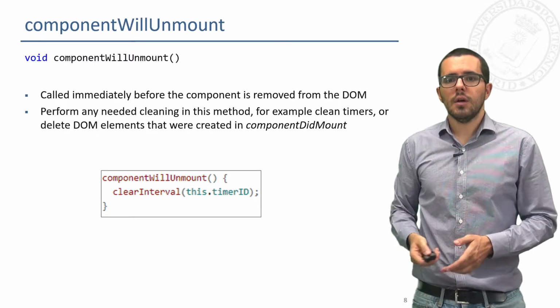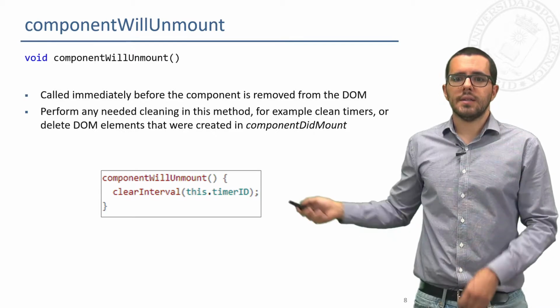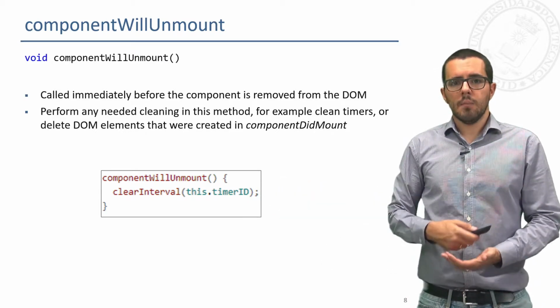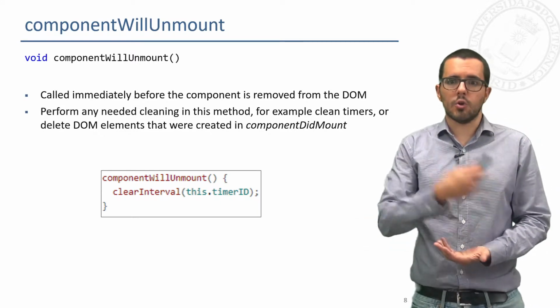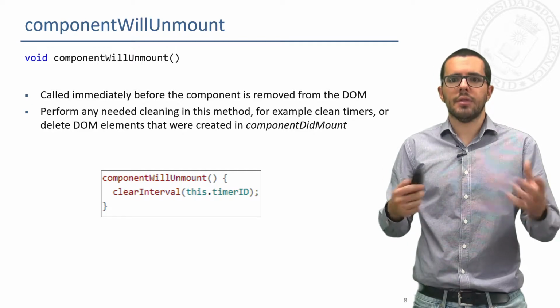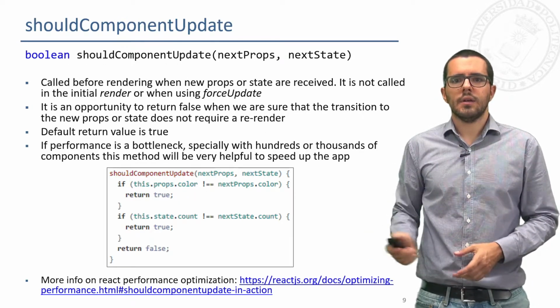It will be called before, as I say, removing this component. This is a very good place to clear intervals or perform changes, because the component is not going to be in the DOM anymore. So just undo the things that need to be undone before the component disappears.